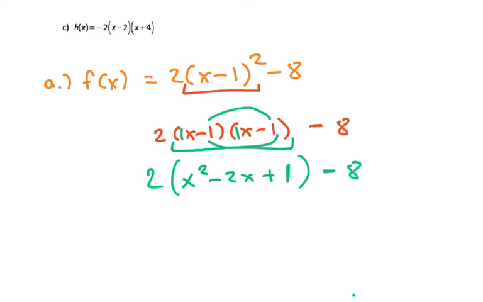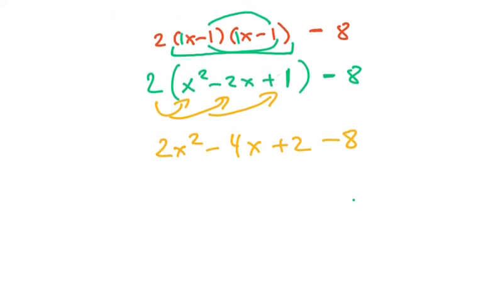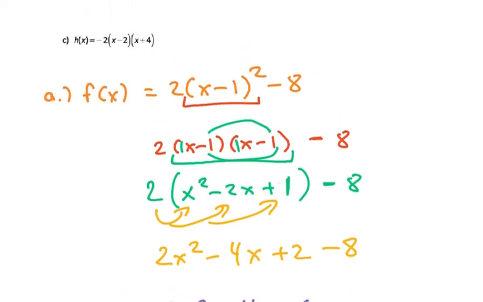Next up, I'm going to distribute. This is going to give me 2x squared minus 4x plus 2 minus 8. And then I'll finish it off by cleaning it up: 2x squared minus 4x minus 6. And this is in polynomial form.